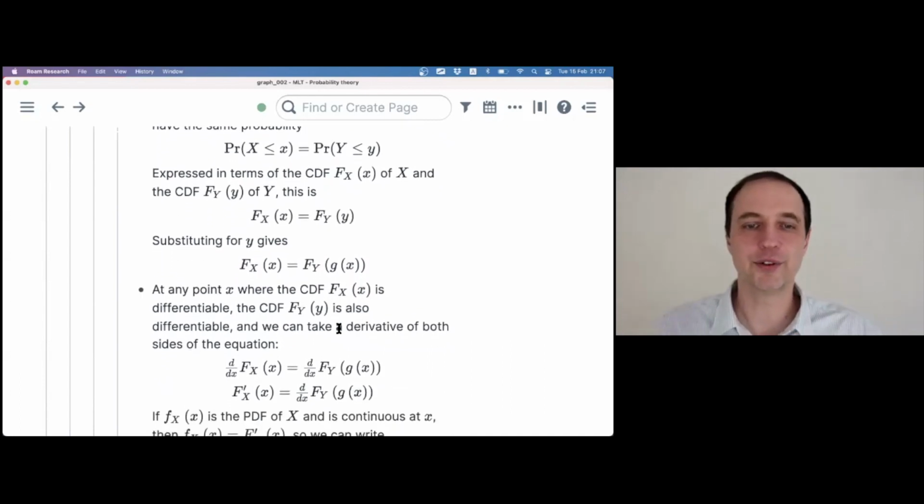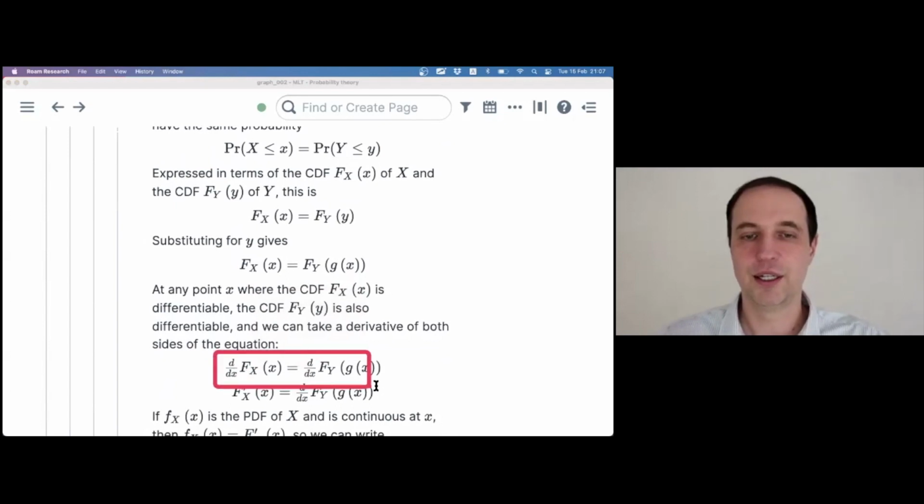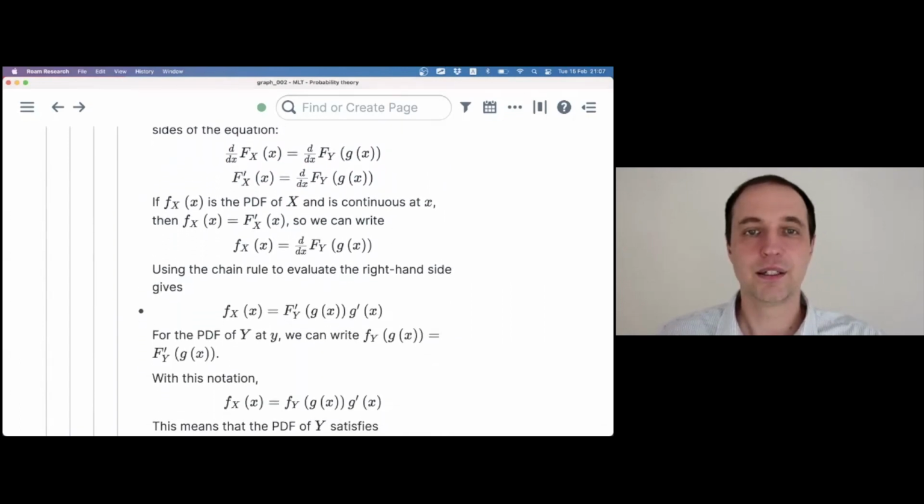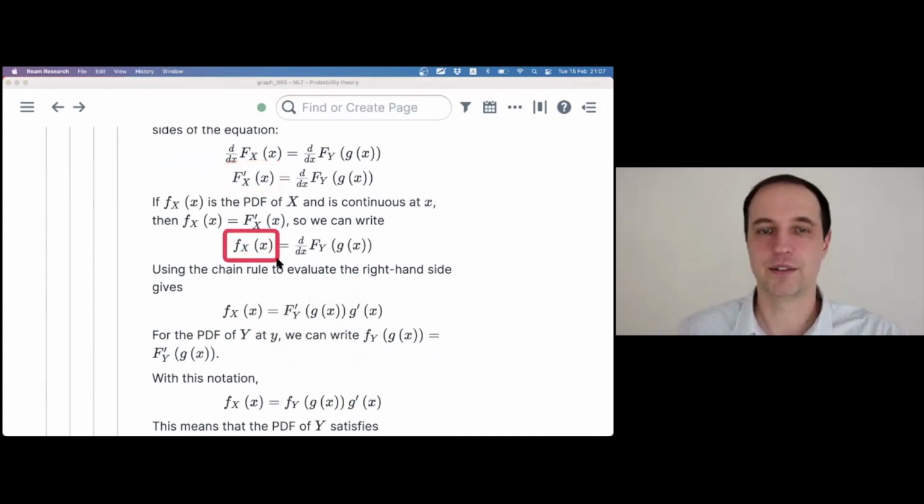Now, if things are differentiable, we can differentiate both sides of the equation. So we can write it this way. And then on the left-hand side, we recognize the PDF of x.